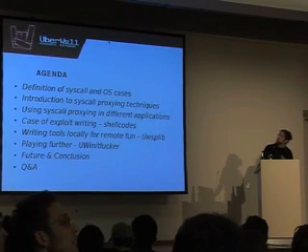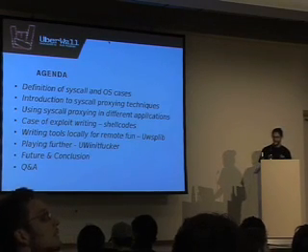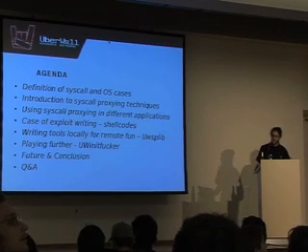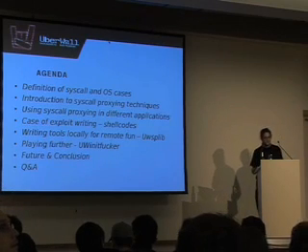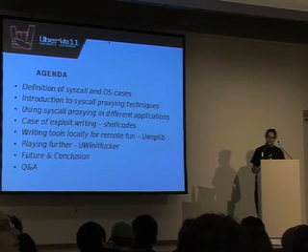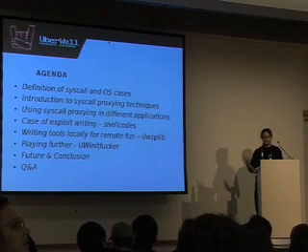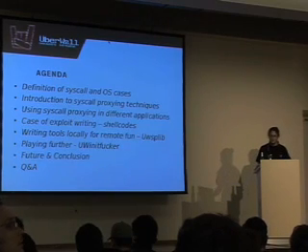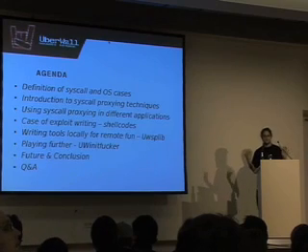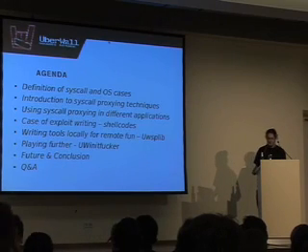So here is our agenda. Some definitions, an introduction about syscall proxying, how to use syscall proxying for different kinds of applications, bad or good. The case of exploit writing, which is, I think, interesting to us at the moment.